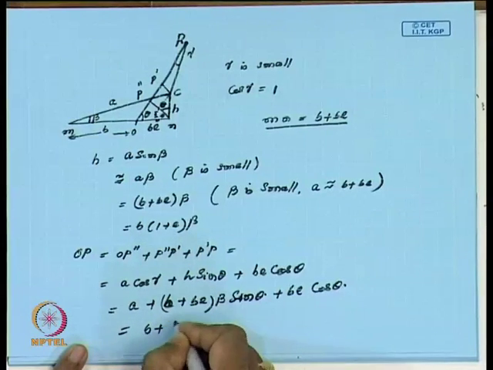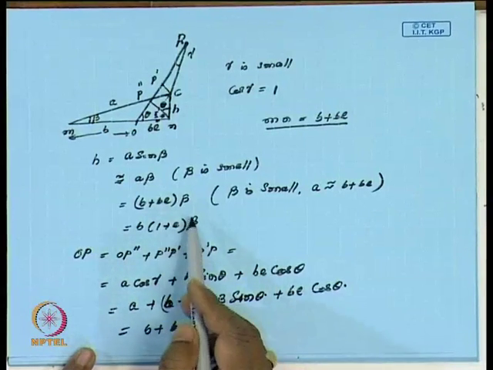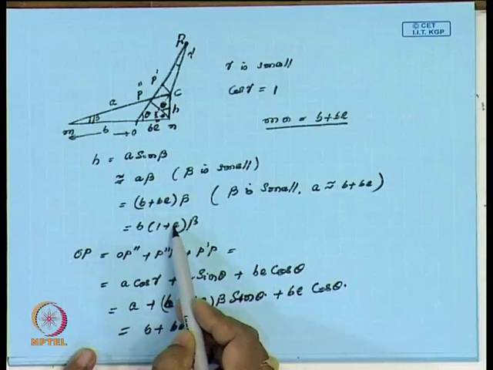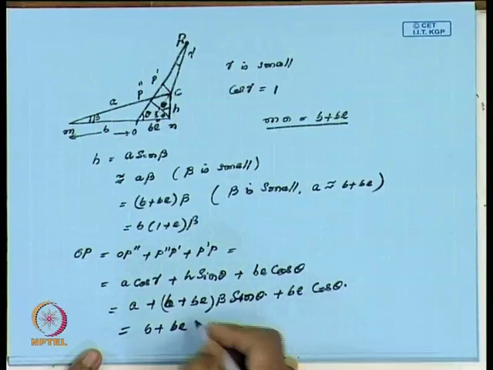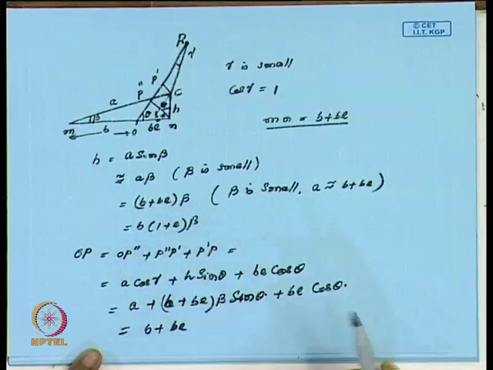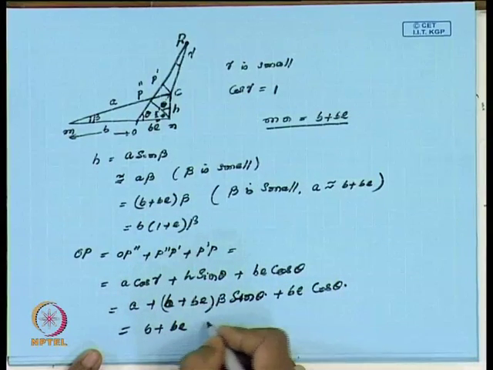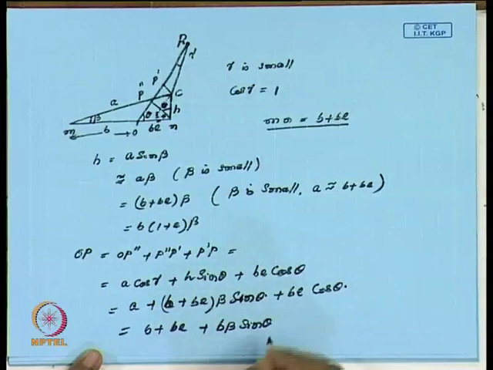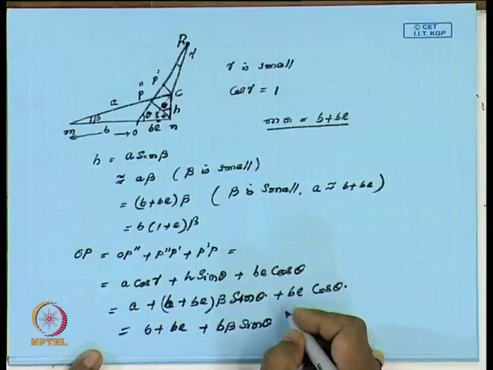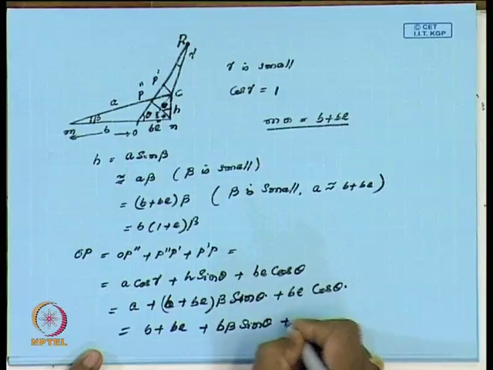So, this becomes B plus BE, again beta is small and E is small. So, this is B beta. Then since beta is small, I can write it as B plus BE plus B beta sin theta plus BE cos theta.